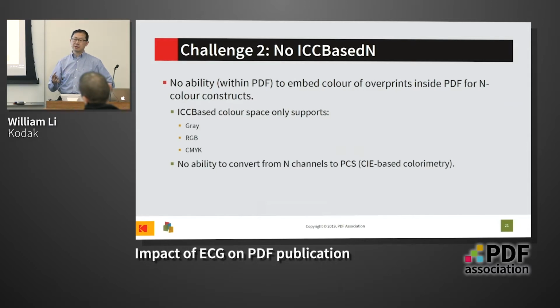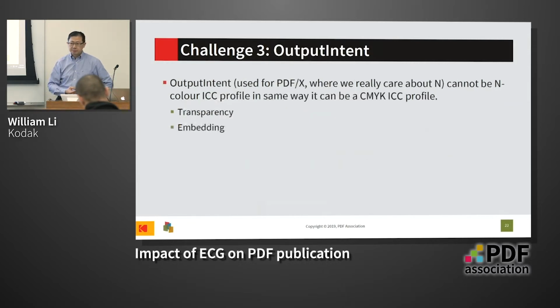Because, in contrast to 10 years ago, many vendors are now able to make 5, 6, 7, 8 color ICC profiles. And so it's much more common to be able to do this type of thing. If we had this, we'd be able to do color handling in the same way as gray, RGB, CMYK.